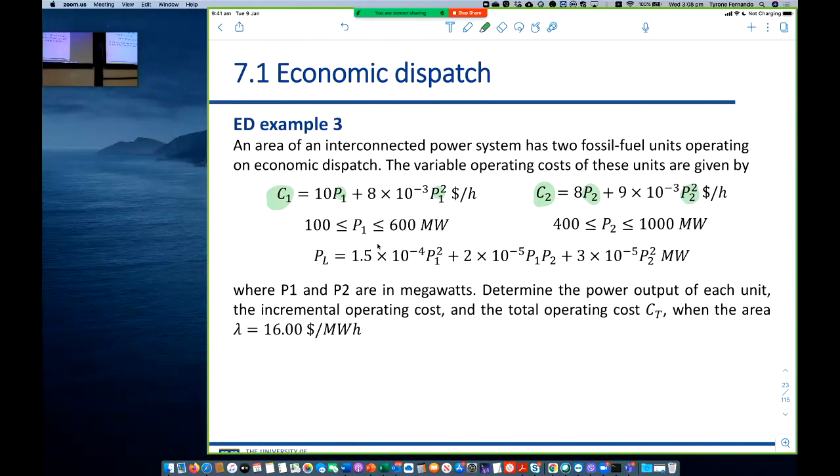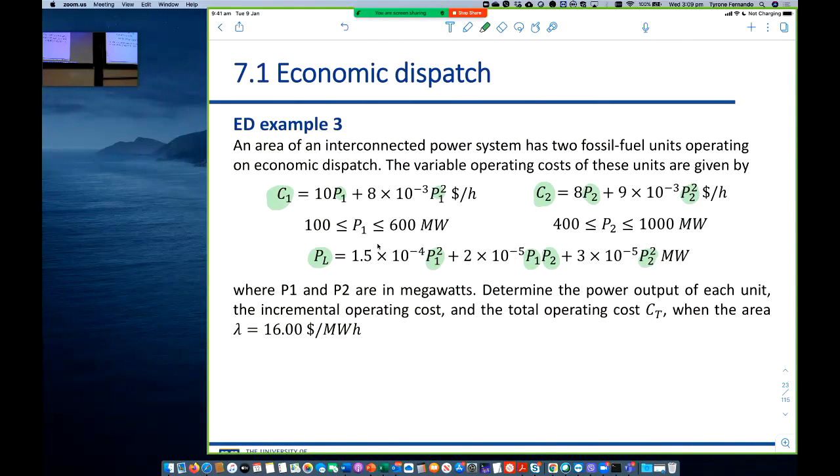So obviously for generator 1 and generator 2, when it generates more power, the cost of generating a unit of power increases. Now the transmission loss is given by this expression, which is a function of P1 and P2 as well.